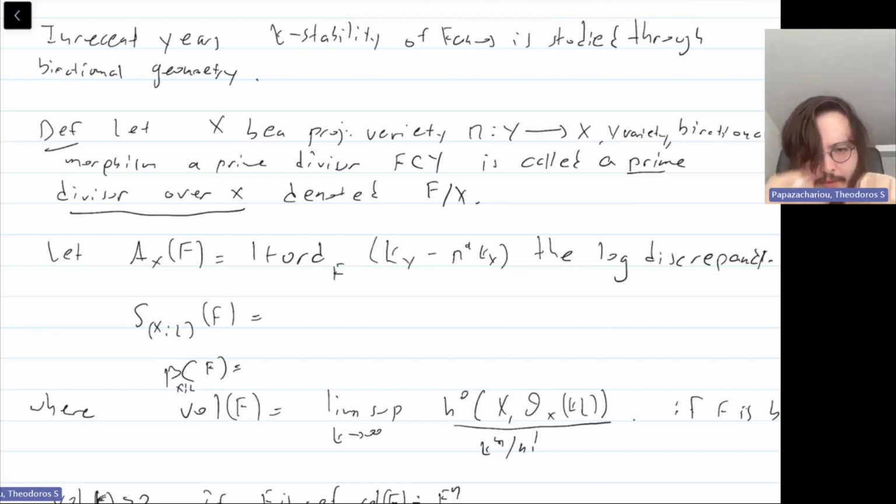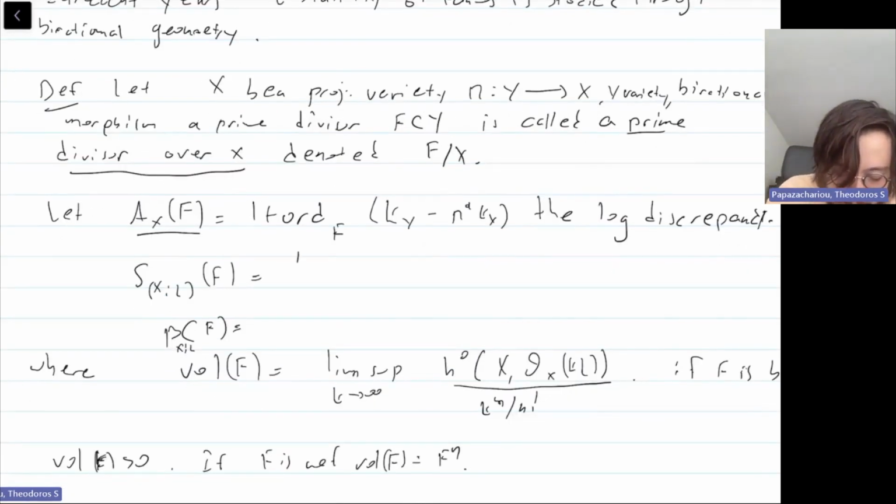So now when we have this setting, we can define some invariants on it. The first one, which is very natural, is this log discrepancy, which is this term here, and this term is 1 plus the order of F along the difference between the canonical class of Y and the pullback of the canonical class of X. And we can also define another invariant, which is called the S invariant, which is given by this formula here.